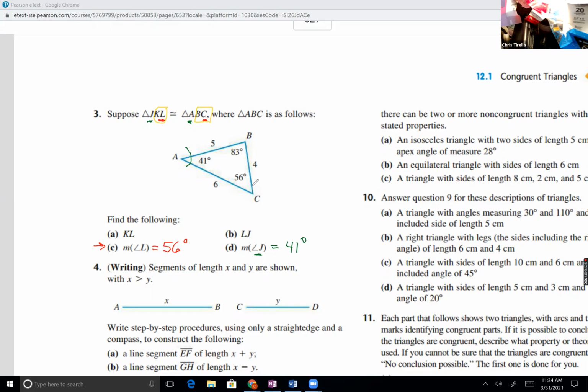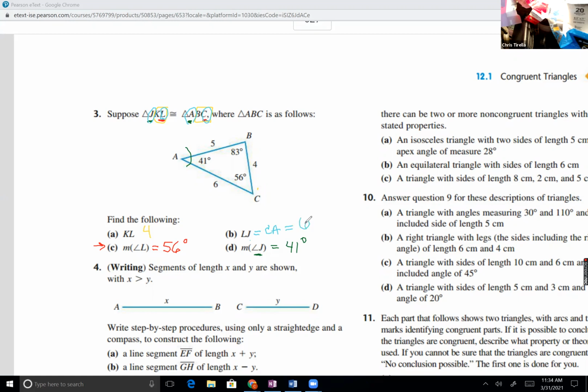And so BC is 4, KL would be 4. And then by the positioning of the letters, side LJ, let's see, L and J correspond to C and A. So side LJ would have to be equal in length to side CA, which is 6.